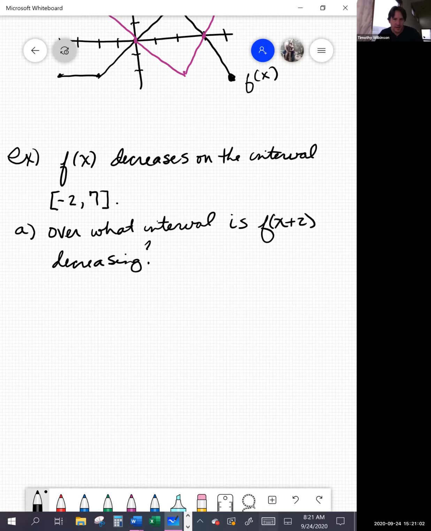Would that move to the right 5? Yep, so it's moving to the right 5. And so if we started at -2 and went to 7, what is our new interval? So originally it was from -2 to 7.